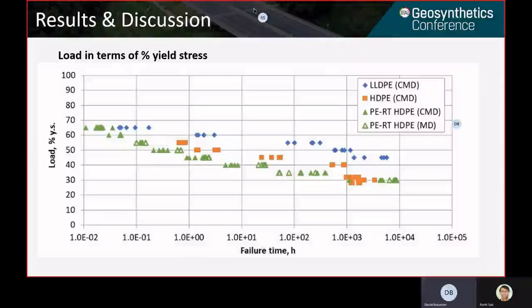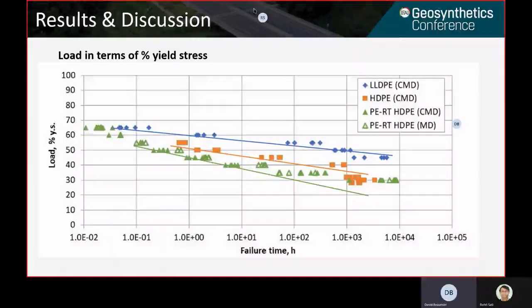So first, the classic way of looking at it is to look at the load in terms of percent of each material's yield strength against failure time. So we can then determine the envelope of rupture of each material.